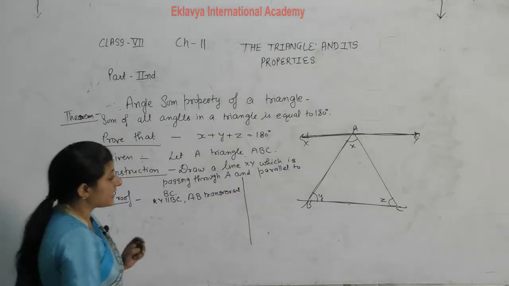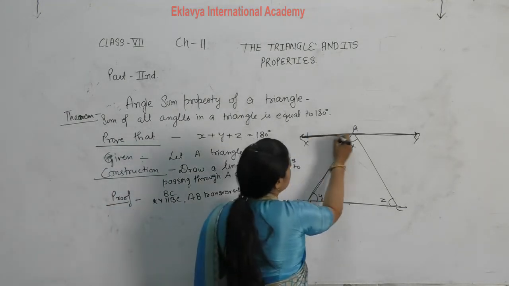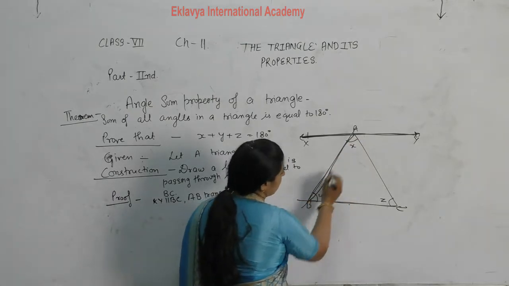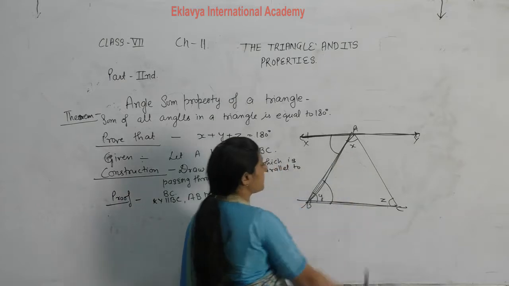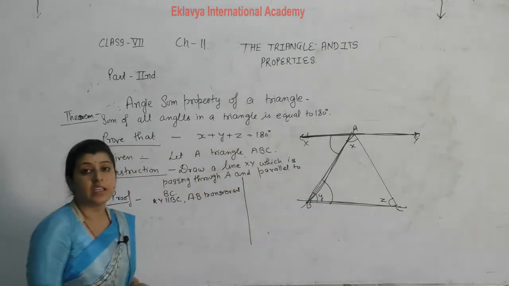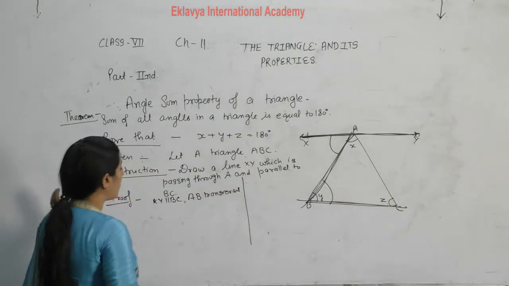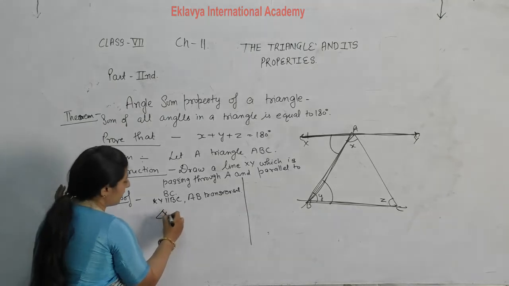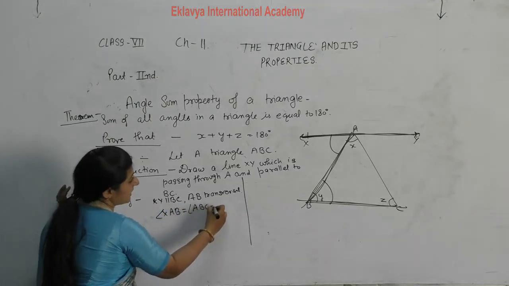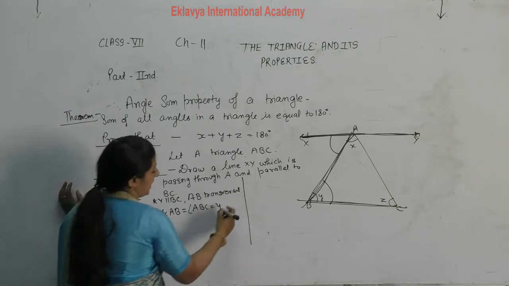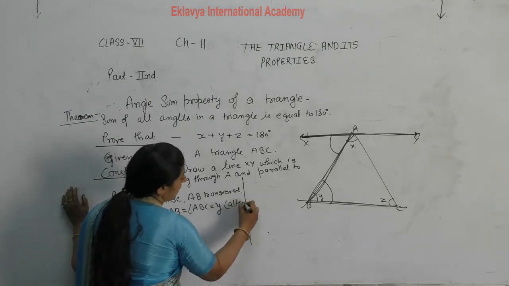So in this case, angle XAB is equal to angle ABC. What is the relation between these two angles? These are alternate angles, so angle XAB equals angle ABC equals Y. Reason: alternate angles.